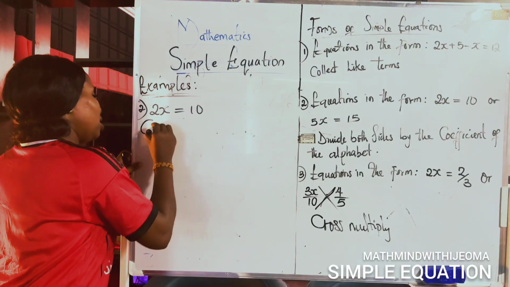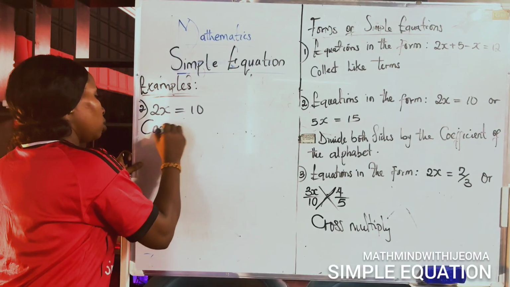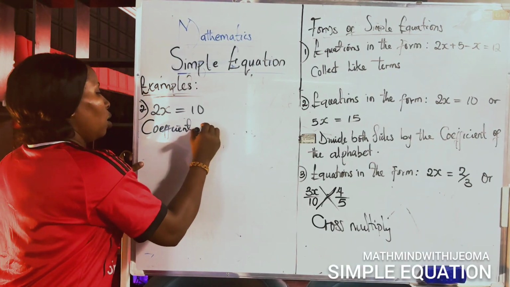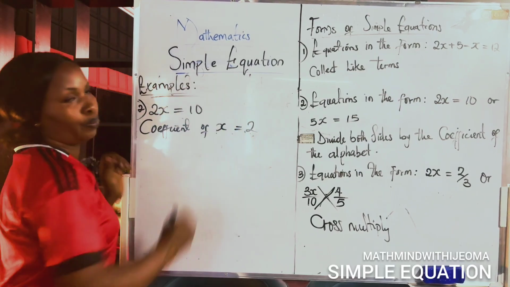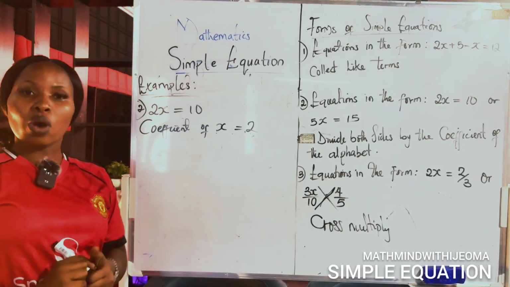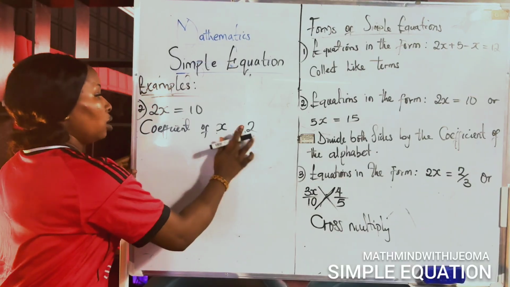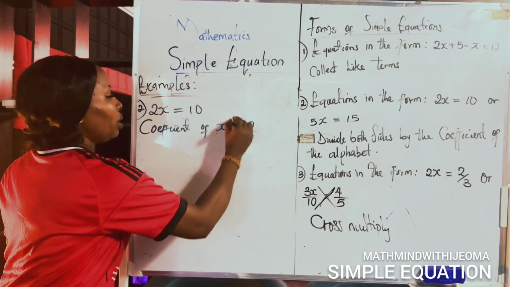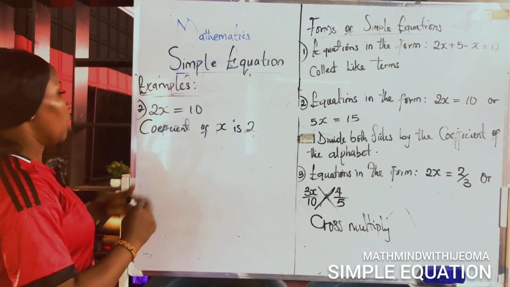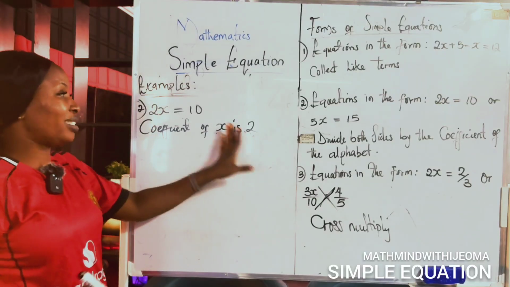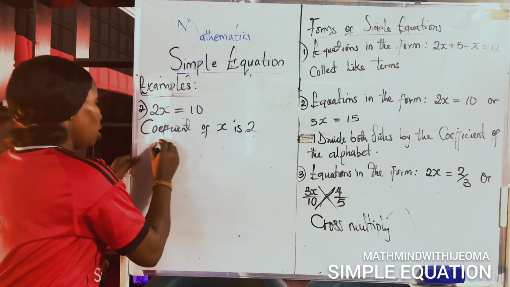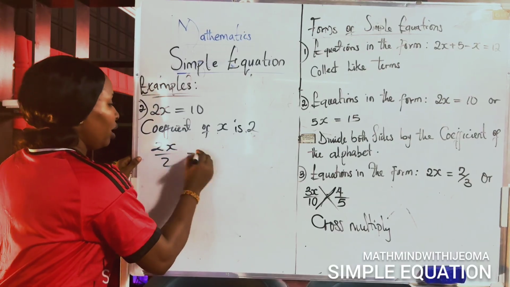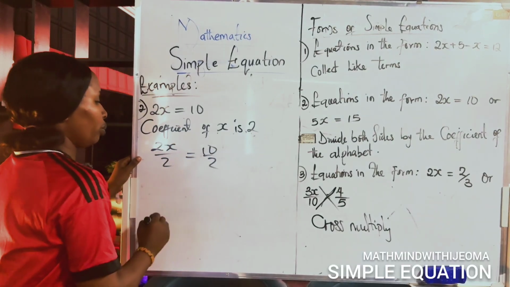Now, the coefficient of the alphabet x is what? 2. The coefficient of x is 2. If the coefficient of x is 2, that means you're dividing both sides by 2. So we have 2x over 2 equal to 10 over 2.